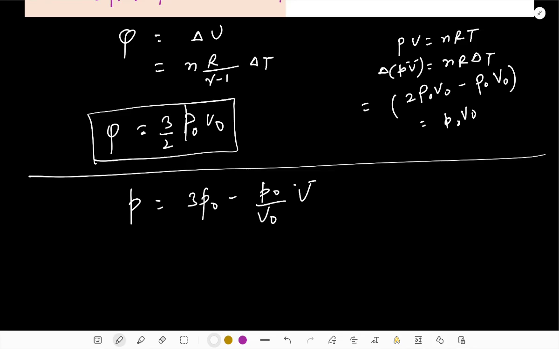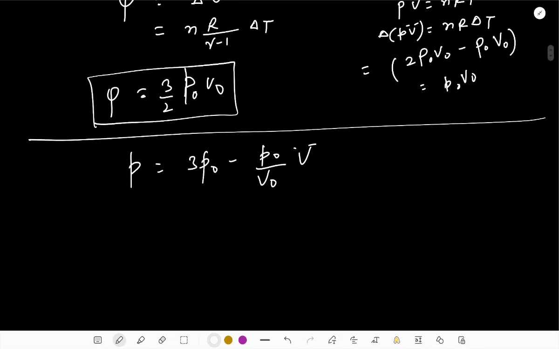And now I'm willing to find Q in terms of V, because this is a requirement of the problem.